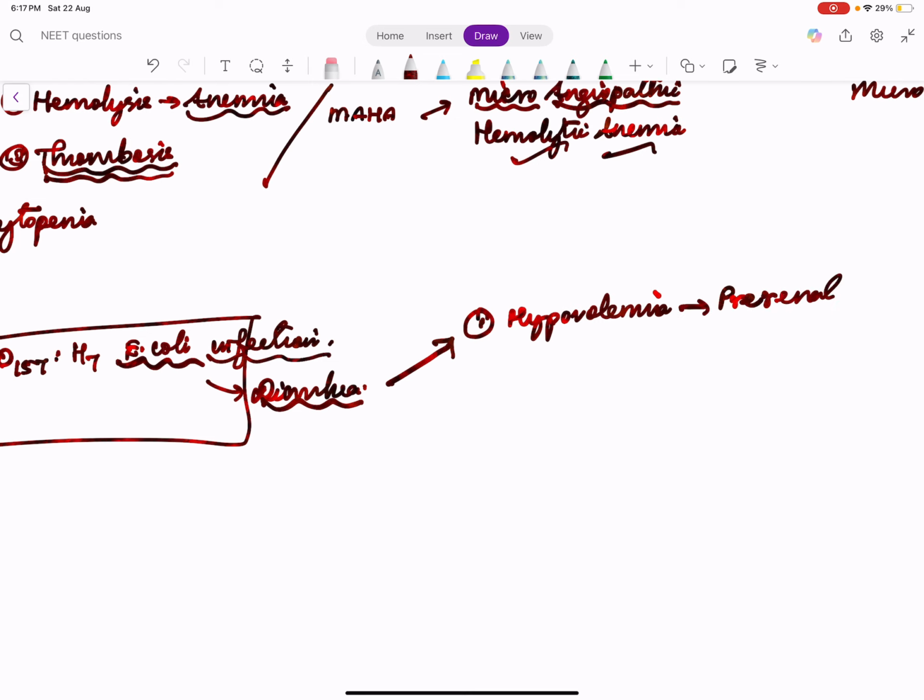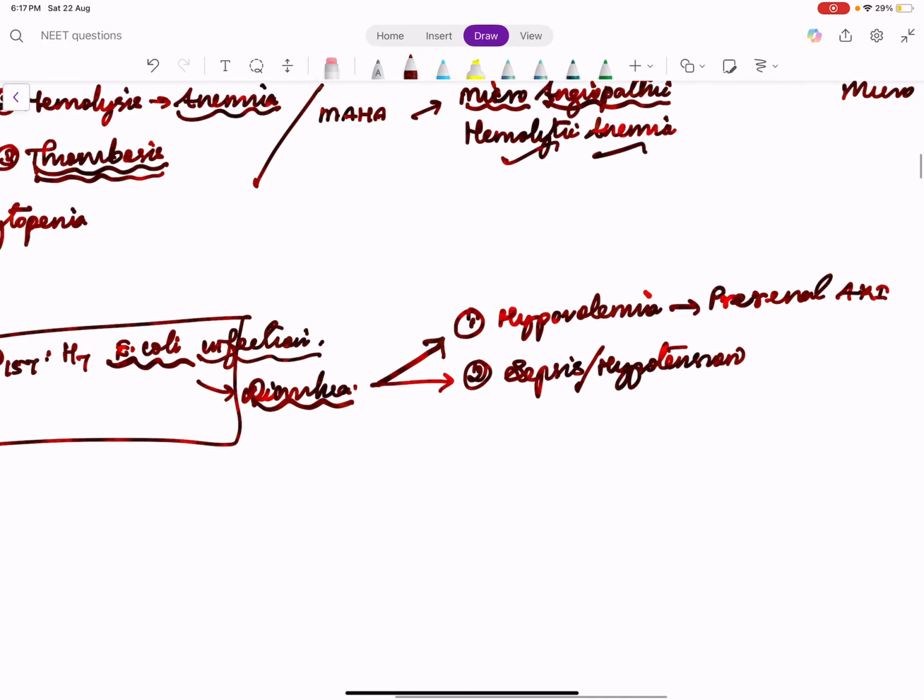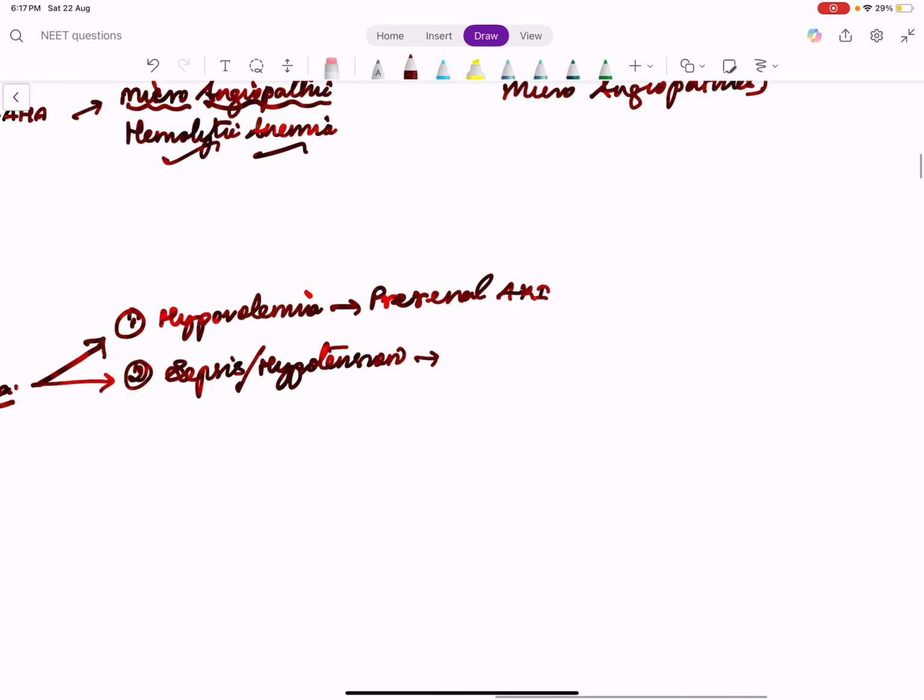This is very well obvious. Diarrhea is nothing but an infection. So that infection is sepsis. So either the sepsis part or the hypovolemia due to hypotension can affect the renal tubules, causing acute tubular necrosis. So this is also a cause of intrinsic renal AKI.